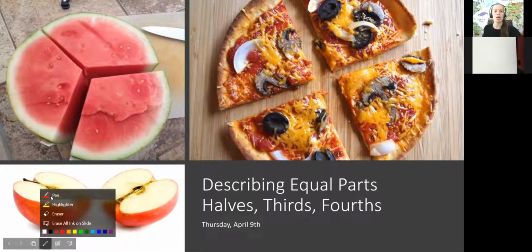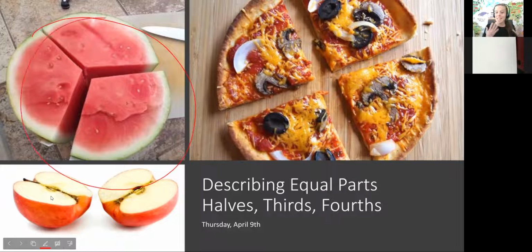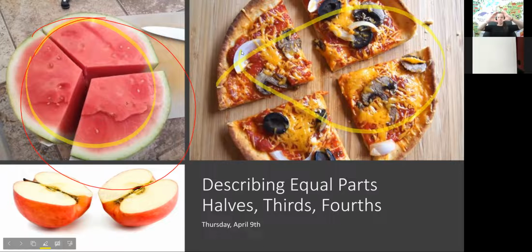There is a watermelon and it is divided or partitioned into how many parts? 3. So we call that thirds, divided into thirds. What about the pizza? It was a circle. They divided it into 4 pieces.